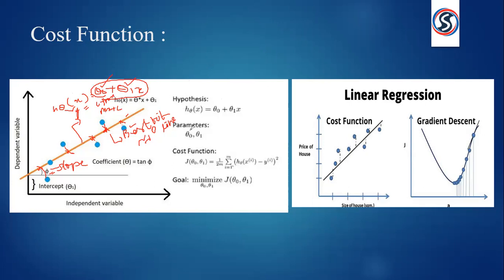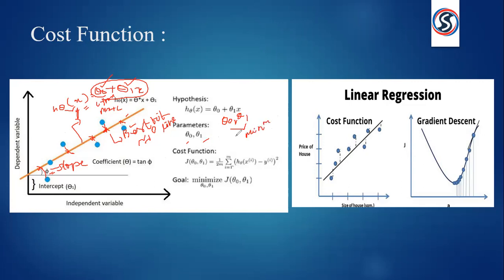Then what are the parameters? That is my theta 0 and my theta 1. And what I need to find is the best parameter value, that means the best values for theta 0 and theta 1, by use of which the distance between my predicted point and my real point would be minimum.